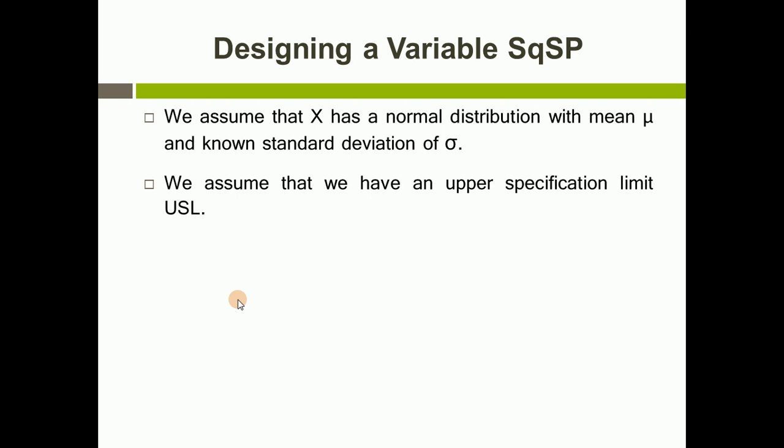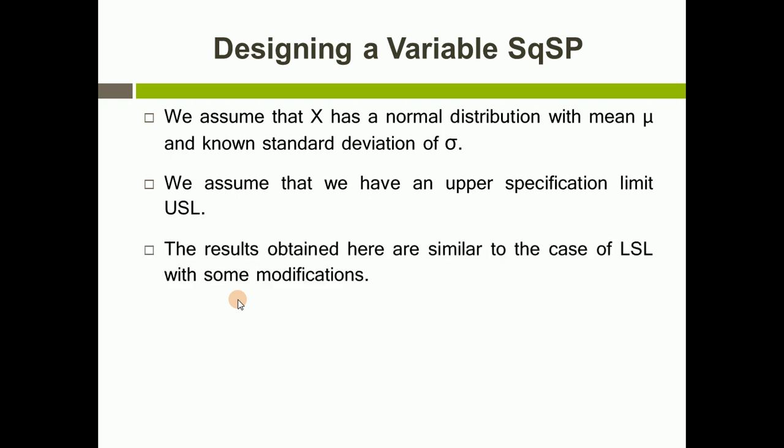Remember that when we worked on a variable sampling plan, we assumed that we have a lower specification limit. Actually, working on any of them, whether it would be the lower specification limit or the upper specification limit, will yield the same results. However, there would be some slight modification regarding the direction and the addition or subtraction signs.